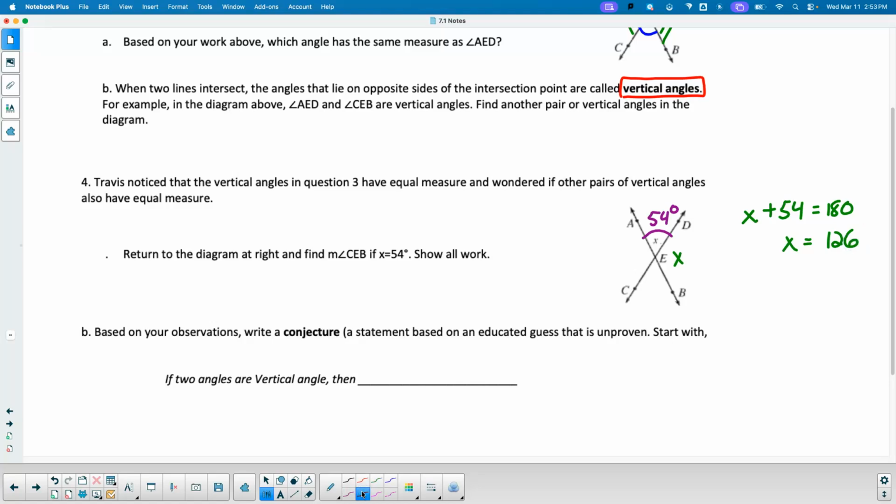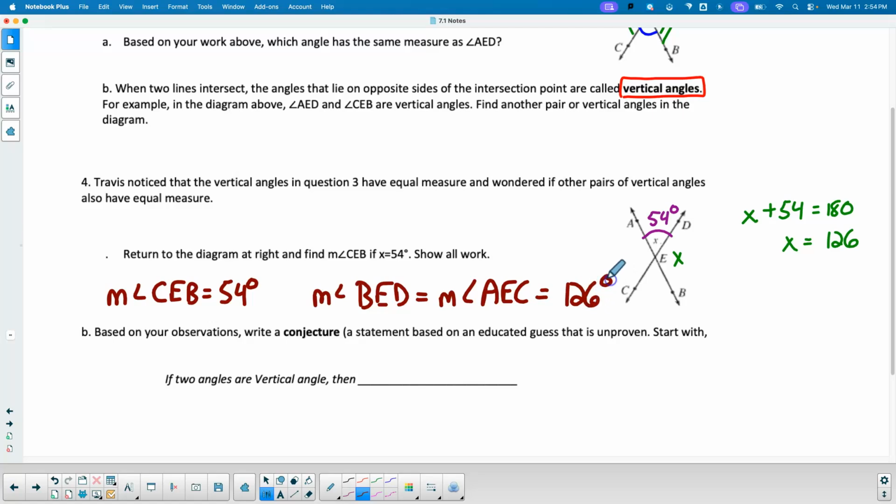So I get the measure of angle CEB is 54 degrees. The measure of angle BED is equal to the measure of angle AEC is equal to 126 degrees. Yes? Love it. Okay.